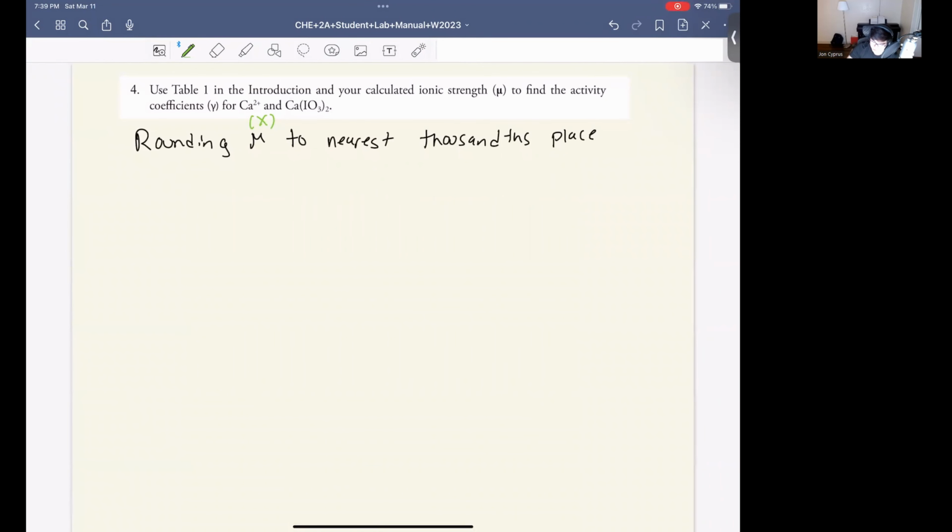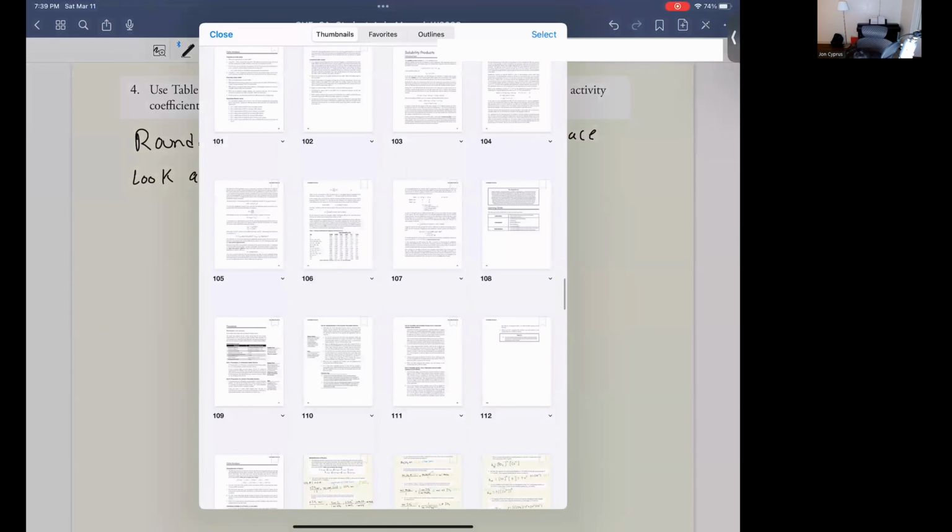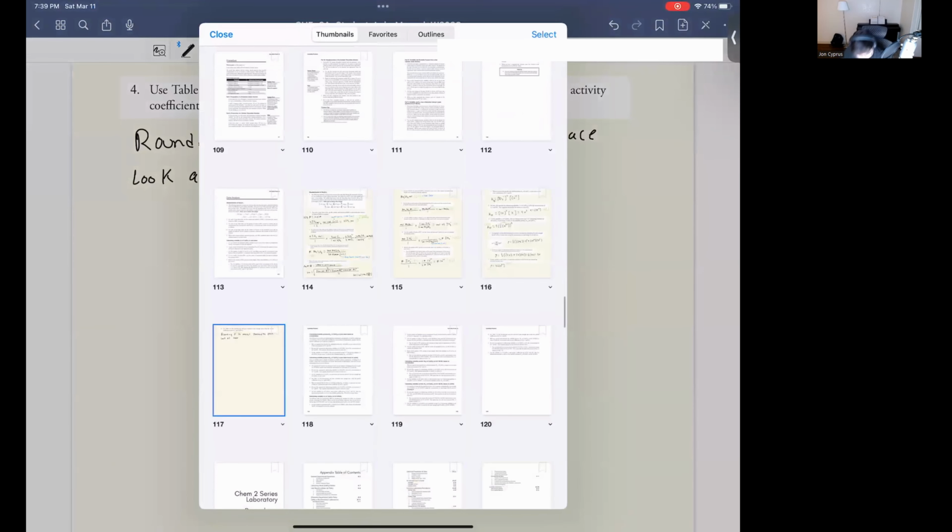So rounding mu to the nearest thousandths place, look, not loot, at table. And then it was on page, let me just find it, page 94.